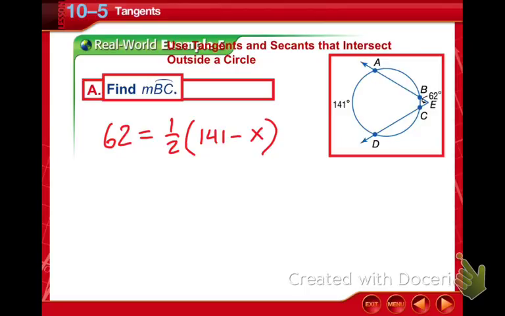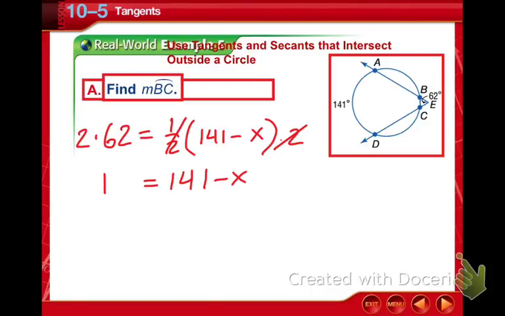That's arc BC. So first thing we're going to do here, multiply by 2 on both sides. Gets rid of the 1/2. 62 times 2 is 124, equal to 141 minus X. Sorry about that, having a brain fart.